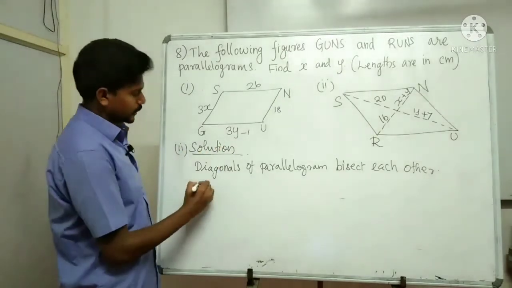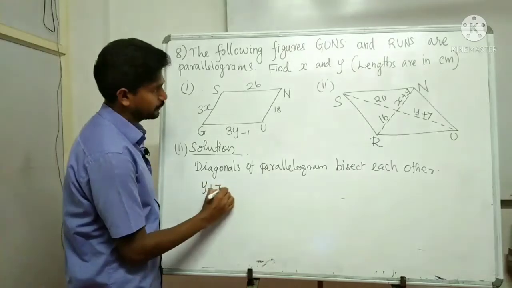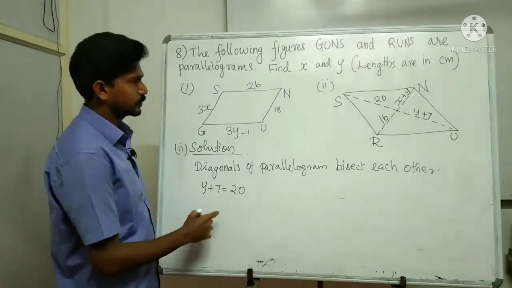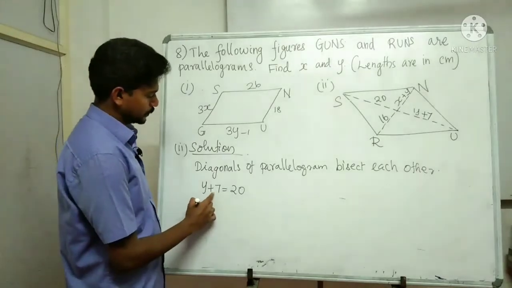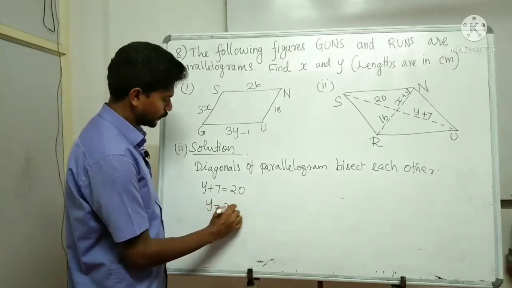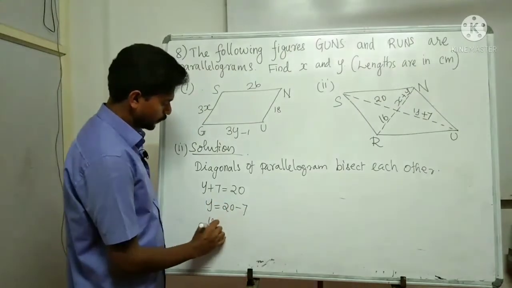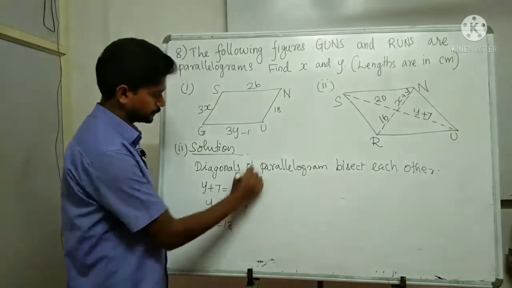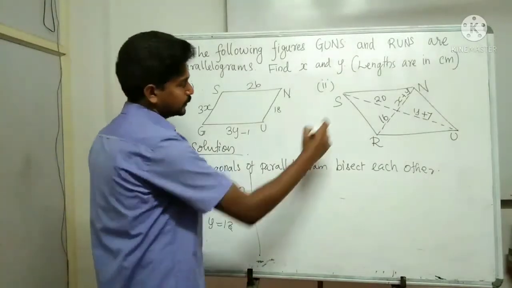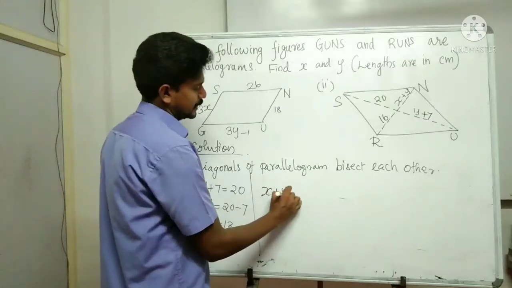So we can write it. Let us write the first equation, that is y plus 7 is equal to 20. So next, the 7 we can send that side. So y is equal to 20 minus 7. Y is equal to 13. Next we got the y value. Using this we can find the x value.